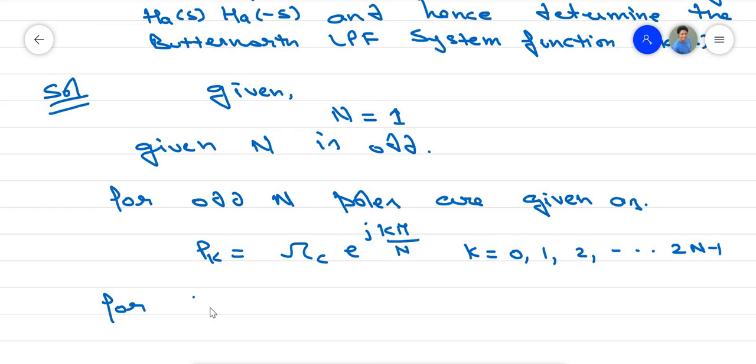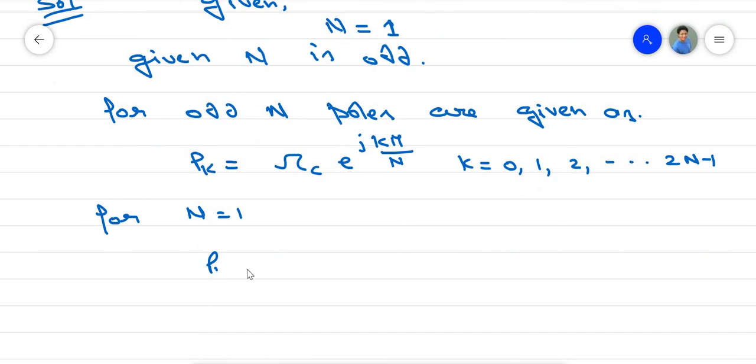Putting n equal to 1, p_k will be equal to omega c exponential j k pi, where k will be equal to 0 and 1 only.